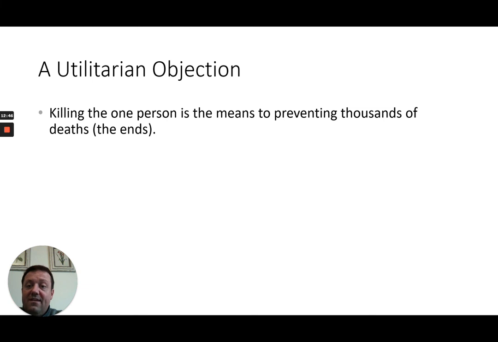So that killing of the one person is treating them as the means to saving lots of others. According to Kant, that's not something you should do, because you're then willing that other people treat you as a means to their own ends. And bear in mind, Kant is an absolutist, so there is no flexibility.